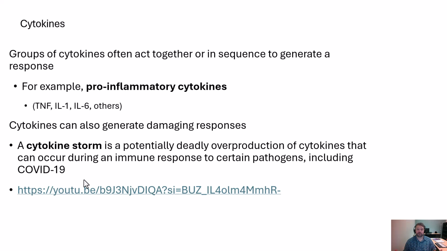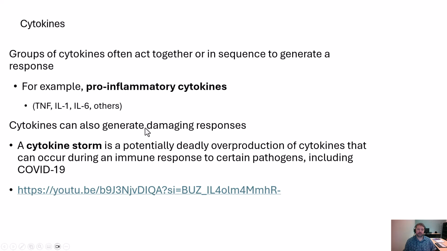This was causing complications. And it wasn't just the lungs, it was liver and kidney, and all kinds of places where you can have these responses. We call it a cytokine storm when you have a bunch of different types of cytokines all working together, like they're all pro-inflammatory and all sending fluid to one region, or maybe they're all anti-inflammatory and not allowing blood flow into a certain region.